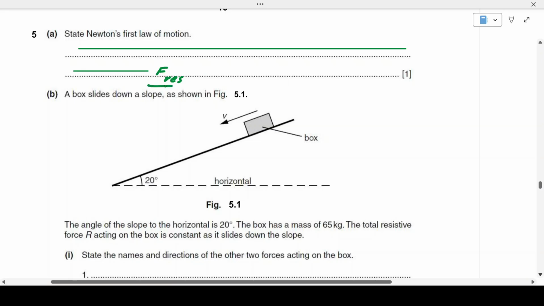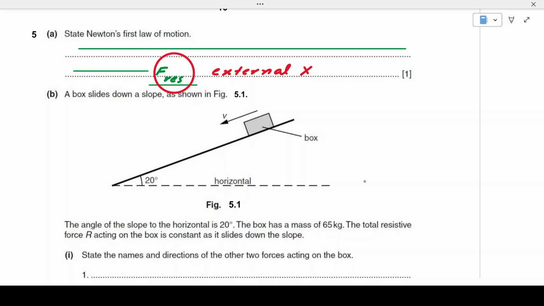This is really important. If you miss resultant force, you're not going to get the mark. Don't say external, that would be incorrect. You need to use the words unless acted upon by a resultant force.